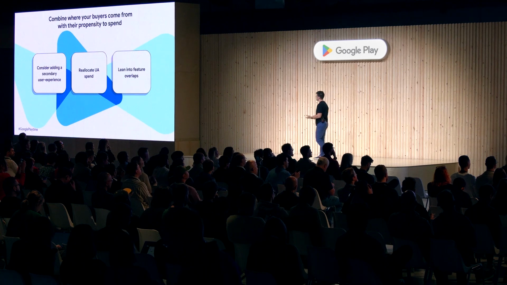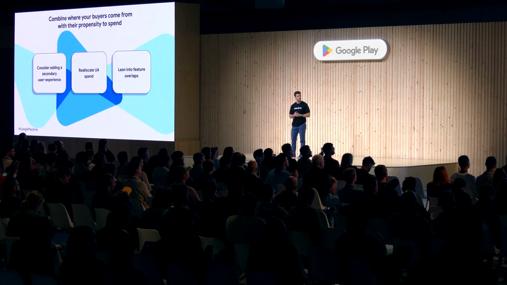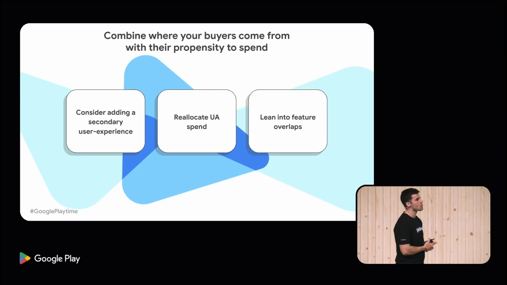Well, you can combine where your new buyers are coming from with their historical propensity to consume. A few ideas for how you might want to think about that. The first is, can you consider adding a secondary user experience? Can you add a social aspect to your app? Would a tool or goal oriented feature be valuable for your users?